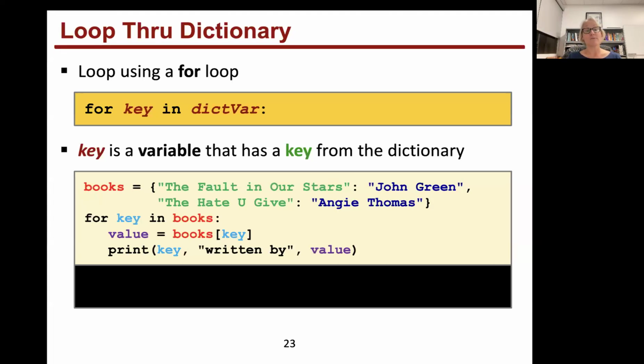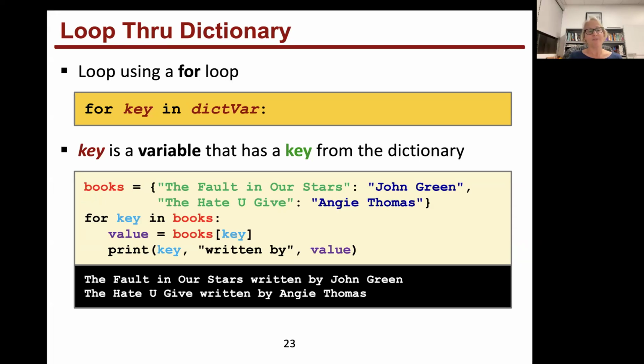So I can say for key in books, which will just loop through my dictionary. I'll get the value equals books square bracket key, and then I can print a nice message like key written by value, since the value is holding our author.